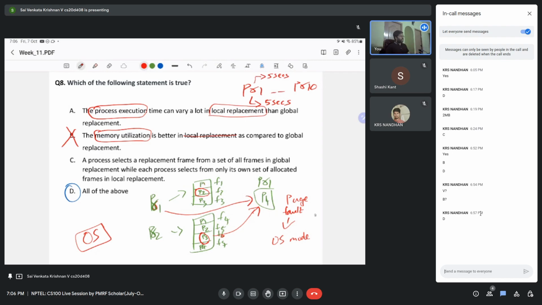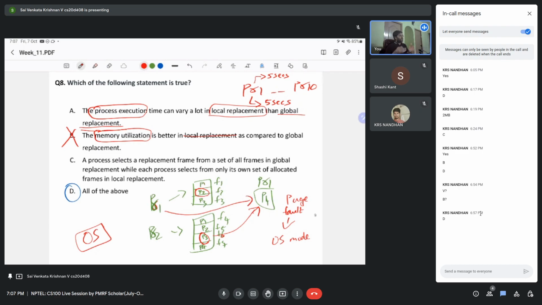But now if you consider the case of global replacement policy, we cannot assume that the same input is always given to the remaining 9 processes. Say I'm executing these 10 processes, process 1 takes 5 seconds, and for the remaining 9 processes the user would have given some input.